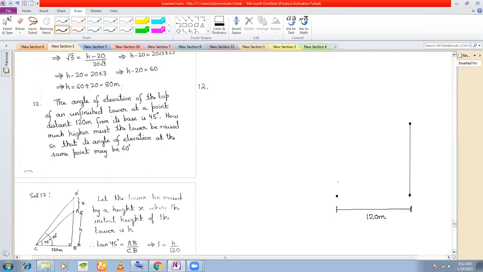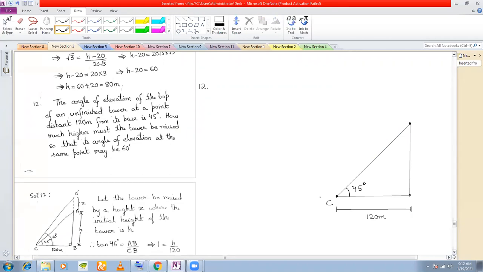The angle of elevation of the top of the tower from this point here, let's call this point C. This is the line of sight. If we join the horizontal, this becomes your angle of elevation, which is given to be 45 degree.